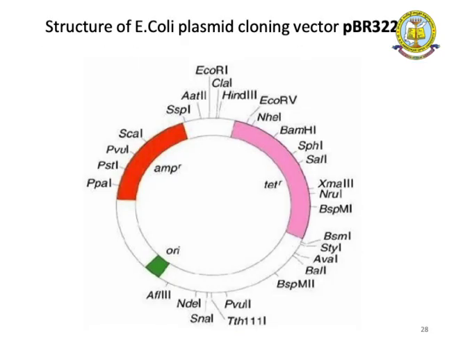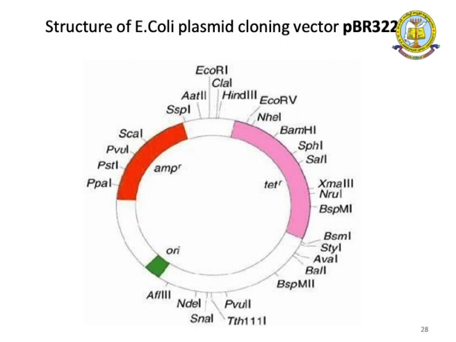See this picture, the pBR322 plasmid cloning vector. This is the structure of the E. coli plasmid, whose cloning vector is pBR322. Here different colors are shown. The orange color is the ampicillin resistance gene, and the pink color is the tetracycline resistance gene.